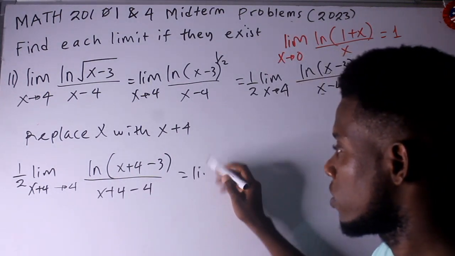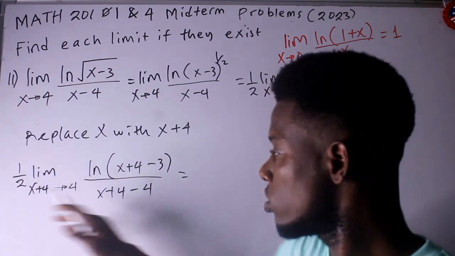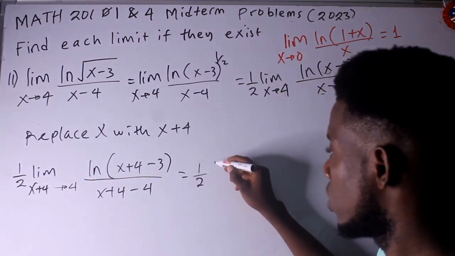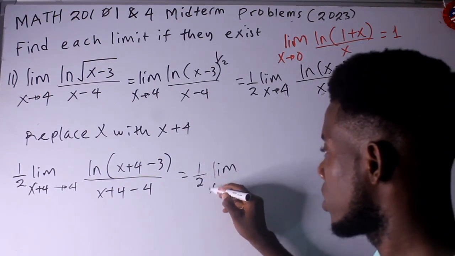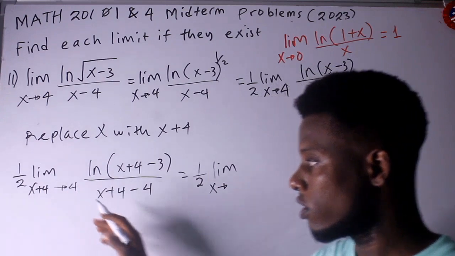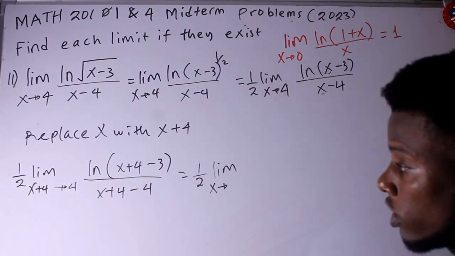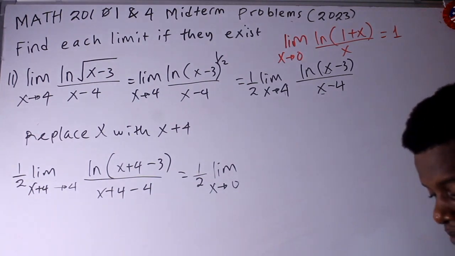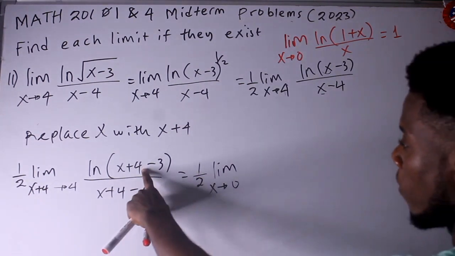Great, so we have 1 over 2, the limit as x approaches 0. We send the 4 across, so we create sign changes. Obviously, 4 minus 4 is 0, and 4 minus 3 is 1.